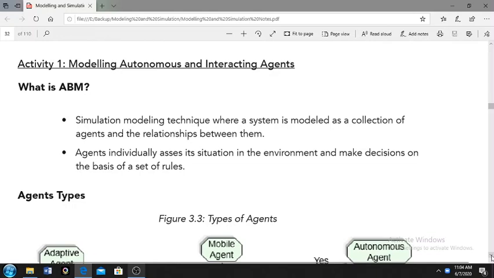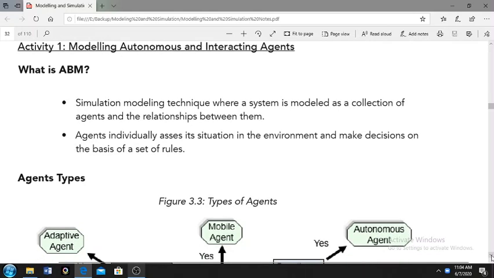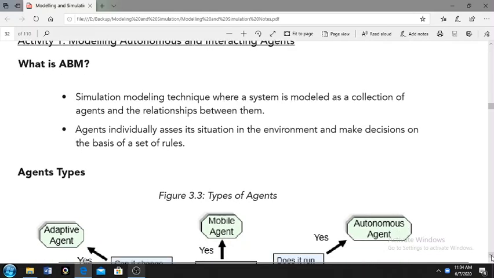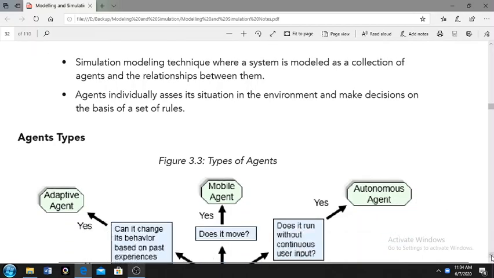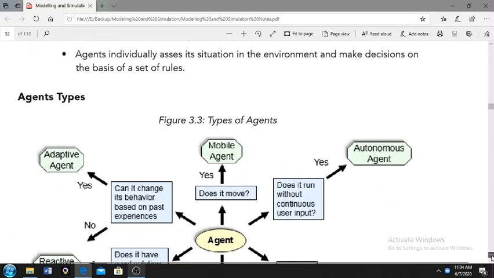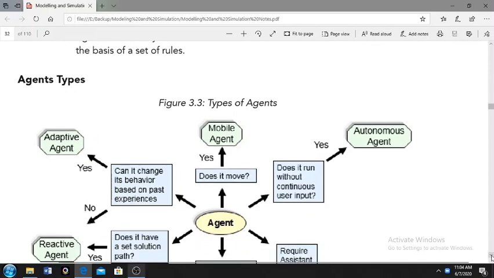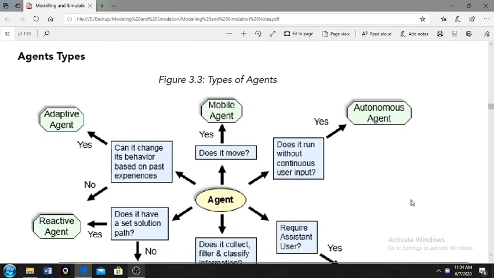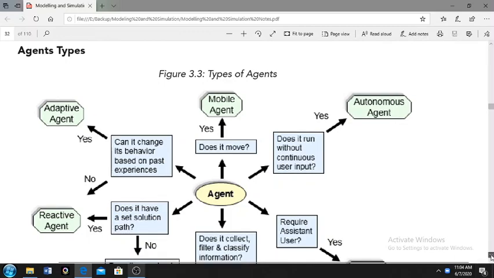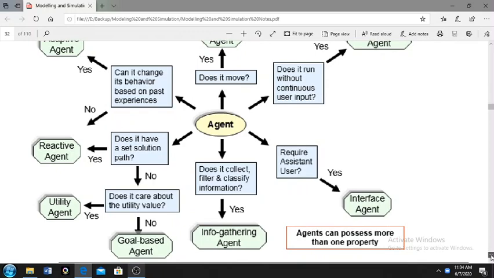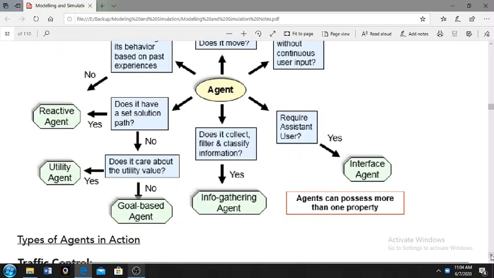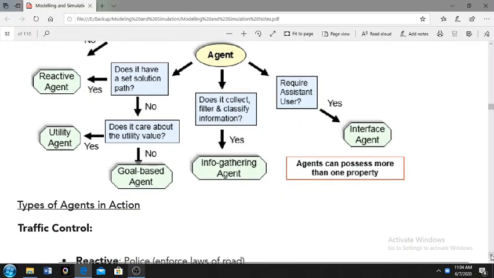So any object, tangible or intangible, can be an agent. Now we have different types of agent. Agent can be mobile, autonomous, adaptive, reactive, interface, goal-based, utility, info gathering.